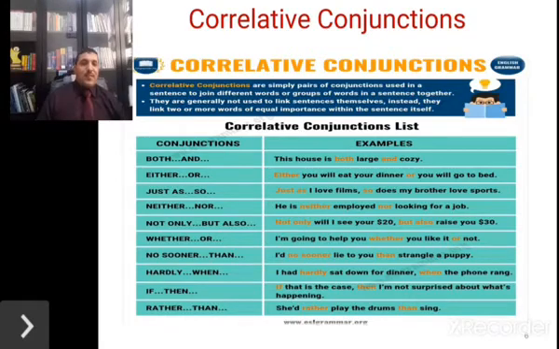Not only, but also. Not only will I see your $20, but also raise you $30. Another example. I not only study at home, but also I go to some institutes to improve my English.